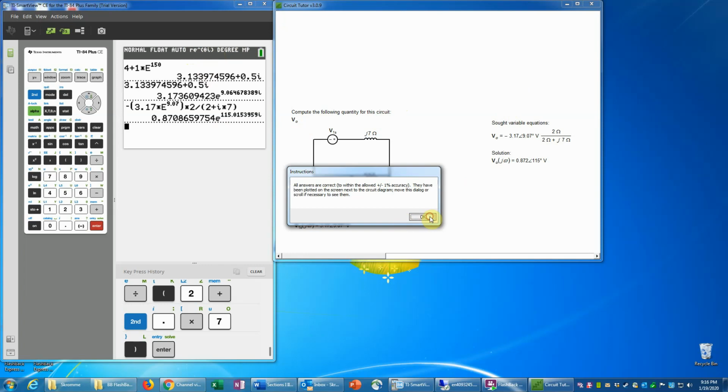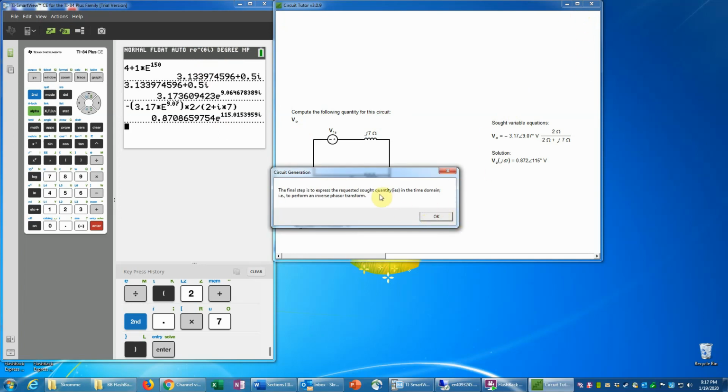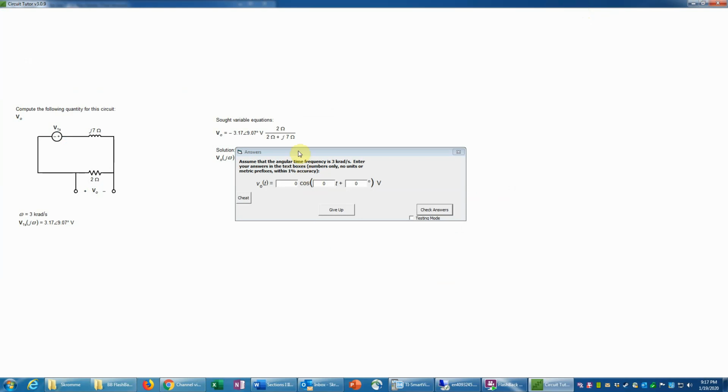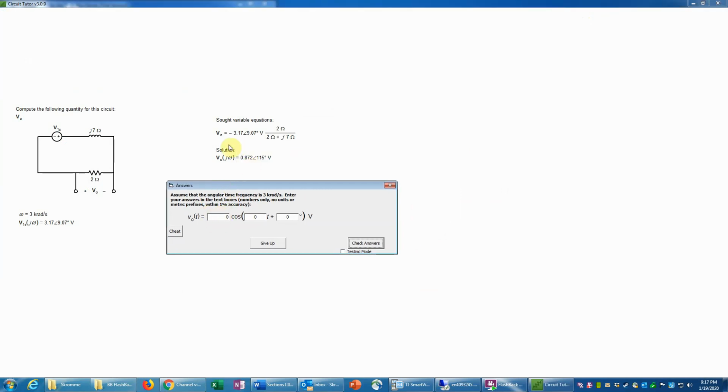And that is correct. And then the final step here is to put the sought voltage into the time domain, to do an inverse phasor transform. So basically we just look at this value, and the magnitude of the complex number becomes the magnitude of the cosine. That becomes the amplitude.